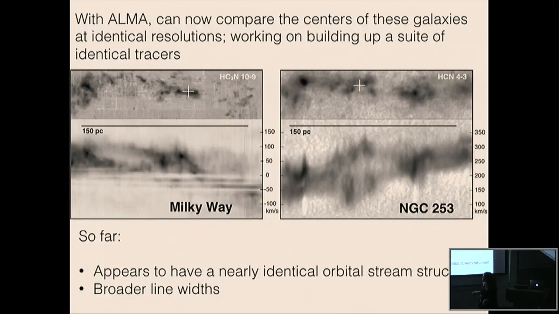The main difference we see so far is certainly a broader line width in NGC 253. But we've not looked carefully to see to what extent that's a broader line within the few clouds that are not as actively star forming, and to what extent this is a broader line width because something, potentially these clusters, is in fact launching a molecular wind from the disk of NGC 253.